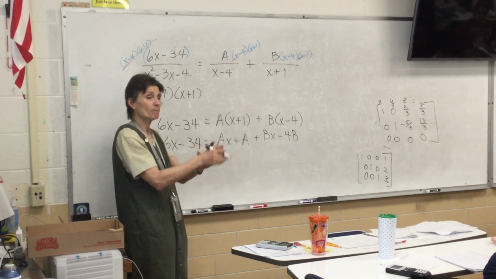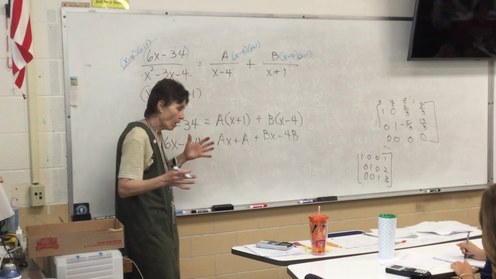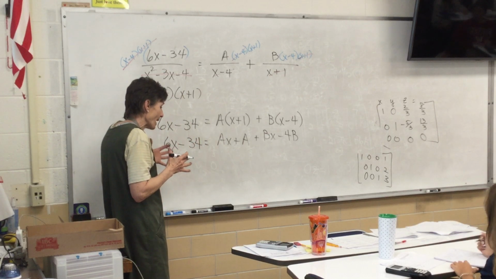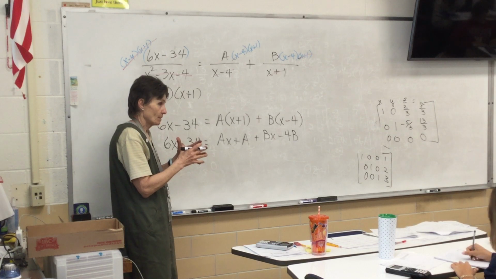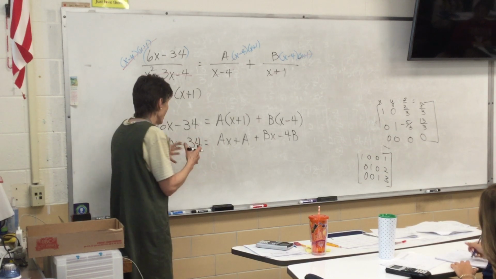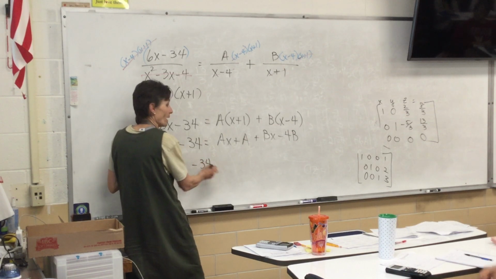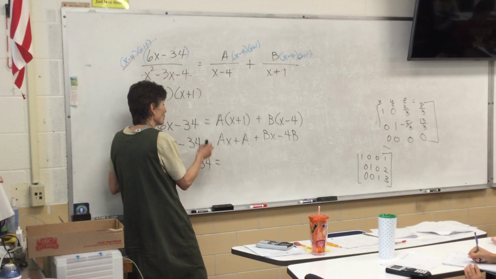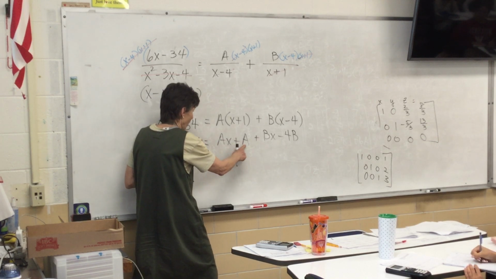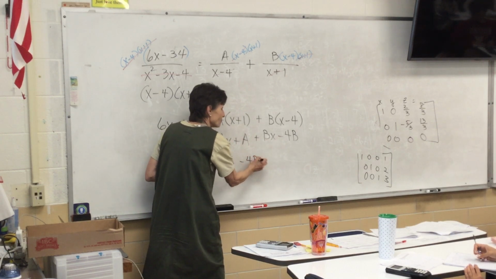All right, now this is the part where sometimes we get confused and we shouldn't. On both sides, you have plain numbers, no x's. On this side, the plain number is negative 34, right? On this side, the things with no x's are that a and that minus 4b.